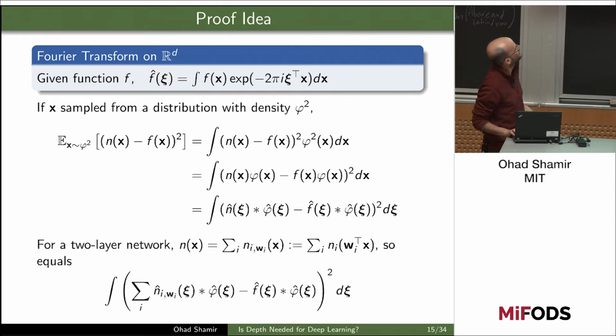It's not that crucial. The bottom line is that eventually you end up with something that looks like this. It's a linear combination of functions which are a projection of the input along some direction wi, convolved with something that depends on your data distribution.